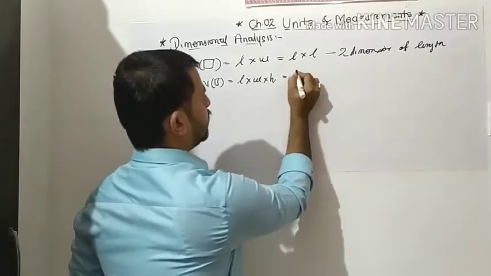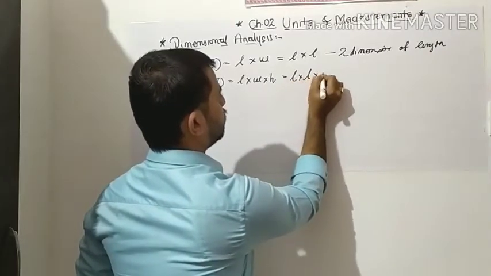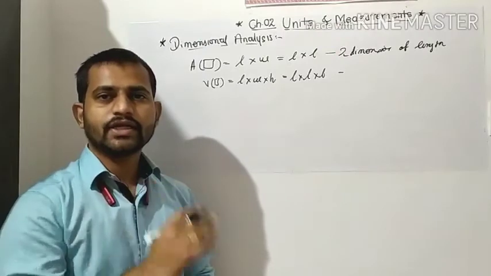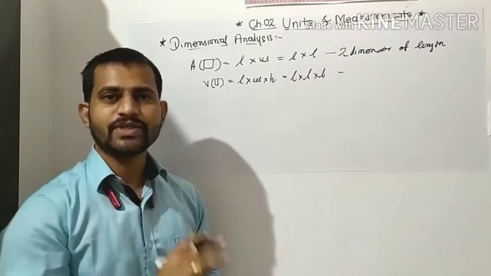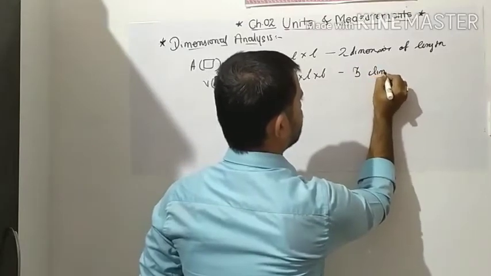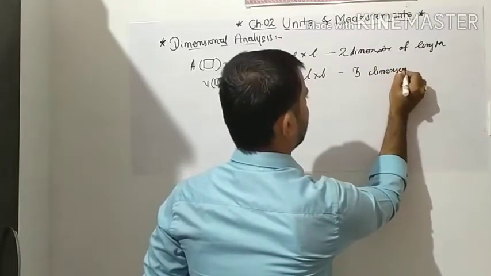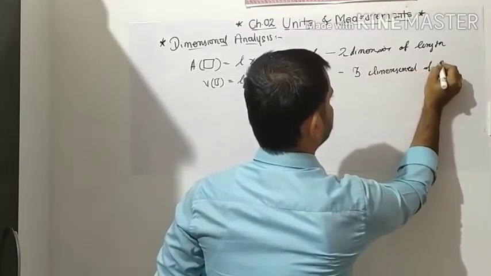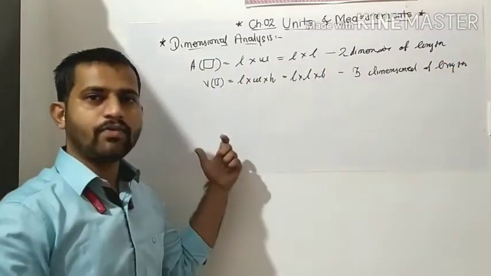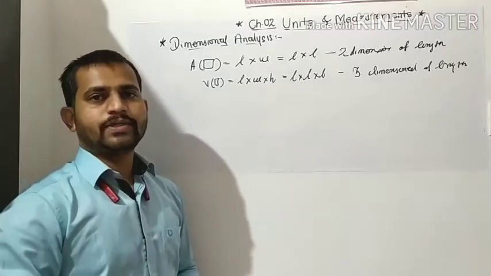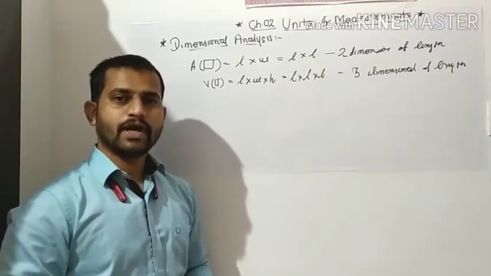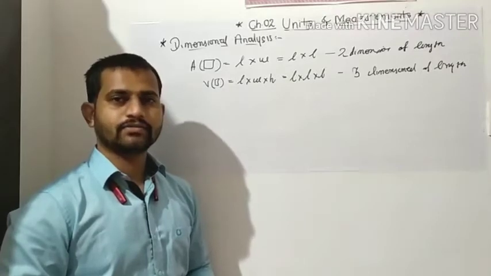So length into length into length, and the volume is a three-dimensional quantity of length. Here we have seen that area and volume are two physical quantities depending on one basic fundamental quantity, that is length.